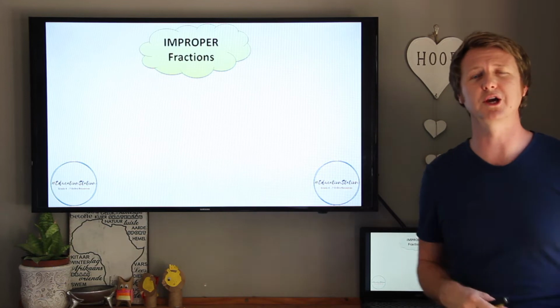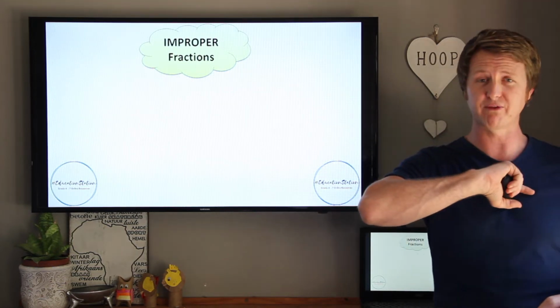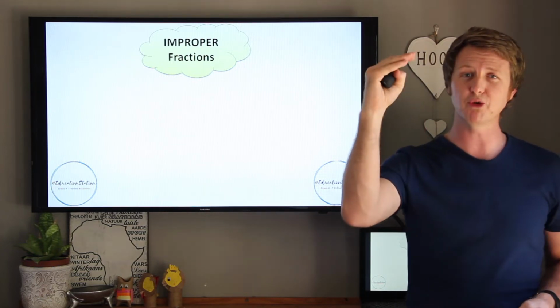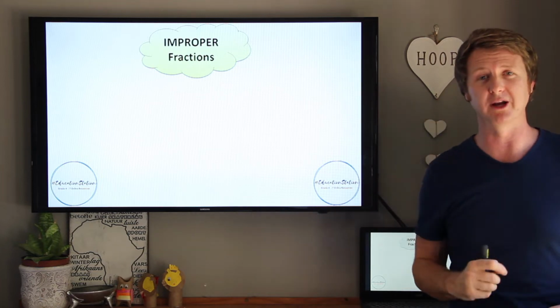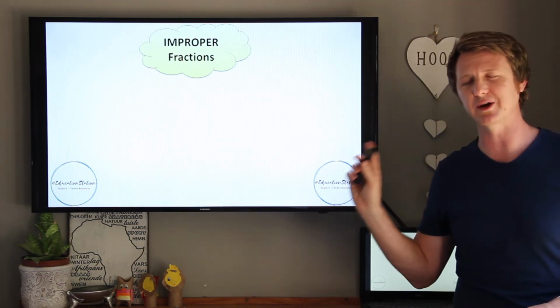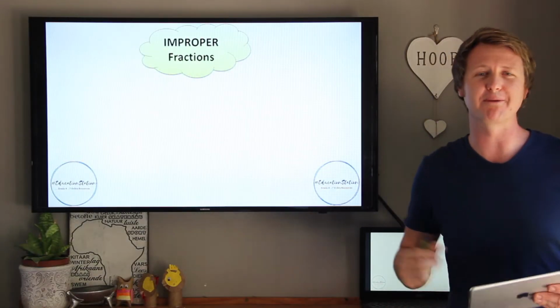So the next word we're going to look at today is an improper fraction. So we did a proper fraction before, and we now know that the proper fraction is when the numerator is smaller than the denominator. So I'm going to ask you, think of what you've done in the previous grades, and you quickly tell me what an improper fraction is.